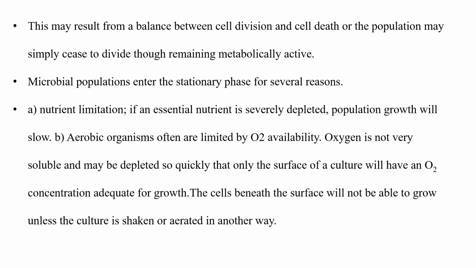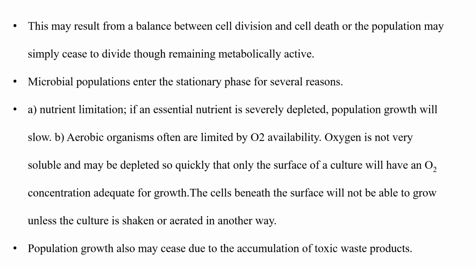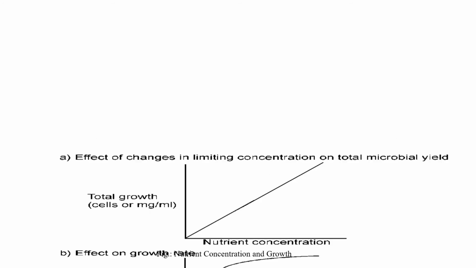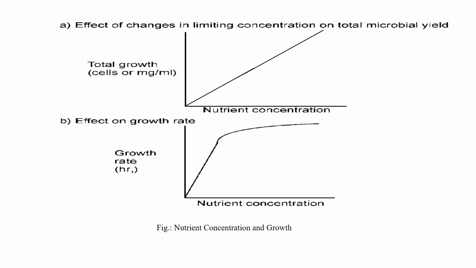Its concentration will be higher only at the surface of the culture, and therefore the cells present at the bottom of the culture medium are unable to grow unless the culture is shaken or aerated. So this graph indicates the effect of change in limiting concentration on the microbial yield.